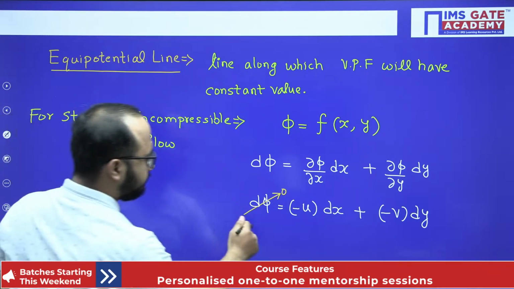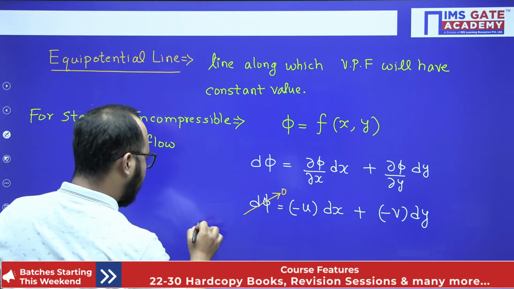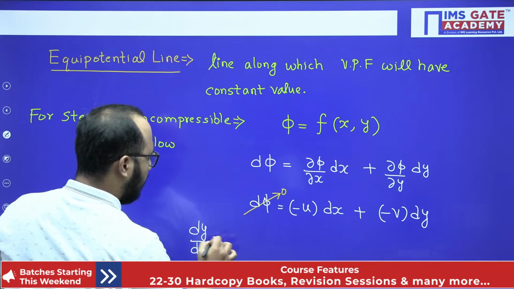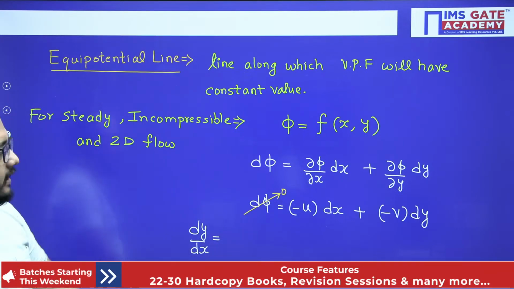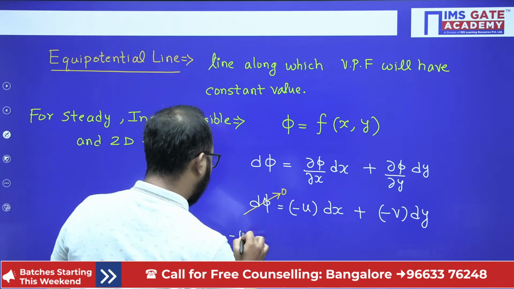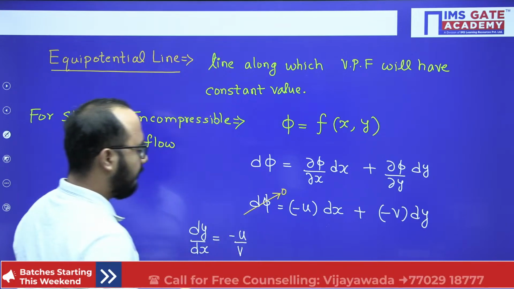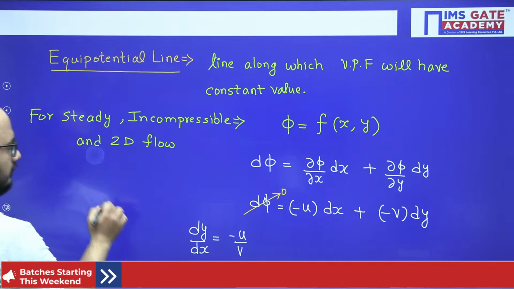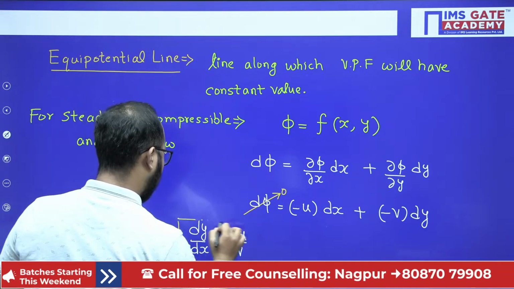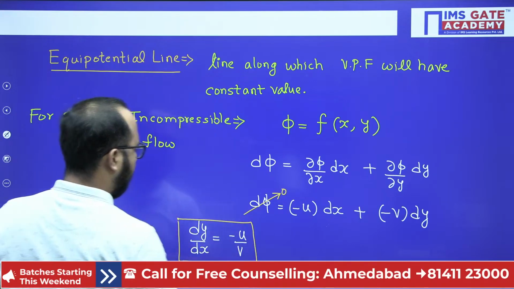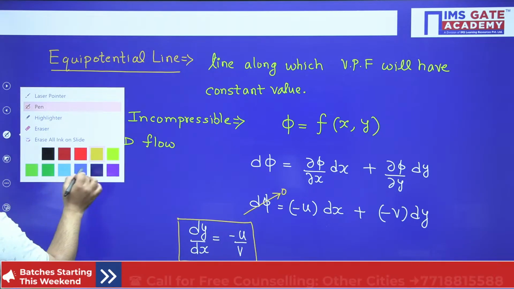Now see, finally what dy/dx will you get? Tell me. dy/dx = -u/v. Minus u by v you will be getting, yes or no? And it is what?